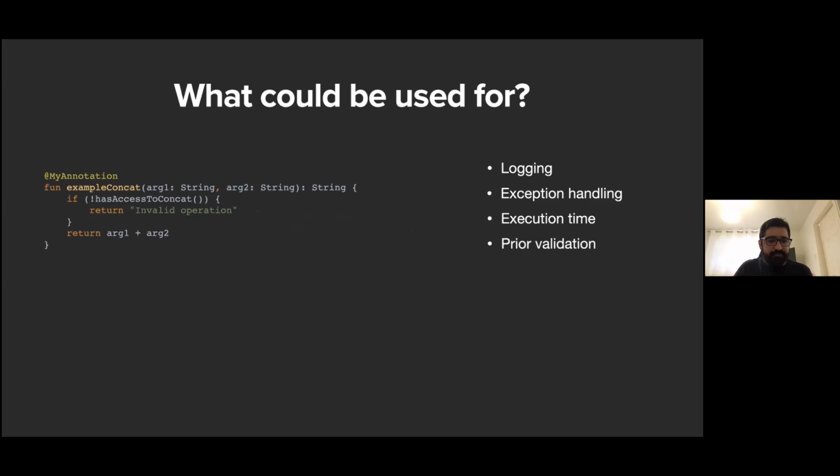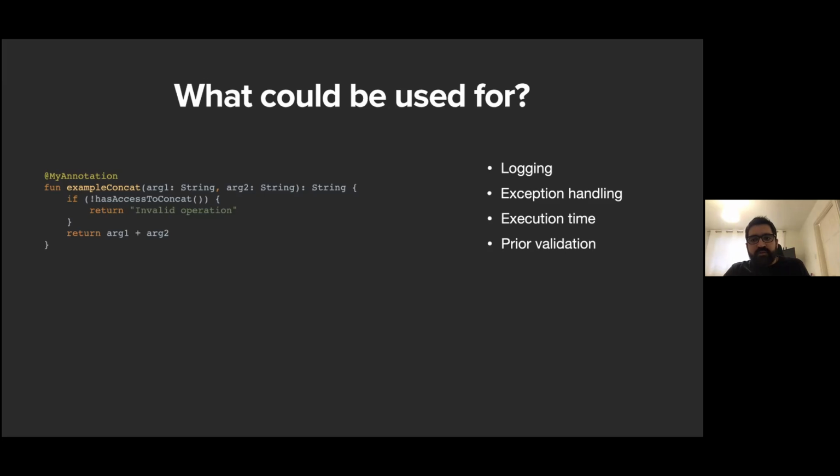And then also, when you need to validate something before the body of the function gets executed. For example, there are a couple of backend frameworks. I'm not a backend developer, but I've seen, for example, in Spring, that they have these annotations where you have an endpoint and you don't want any user to hit that endpoint.